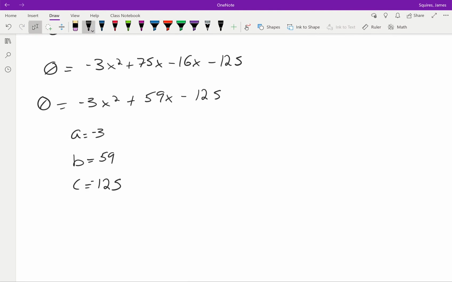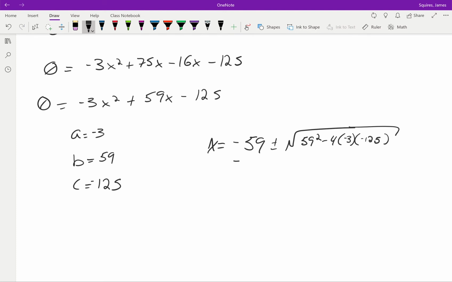our quadratic formula. So we're going to get x equals minus 59 plus or minus the square root of 59 squared minus 4 times negative 3 times minus 125, all divided by 2 times minus 3.